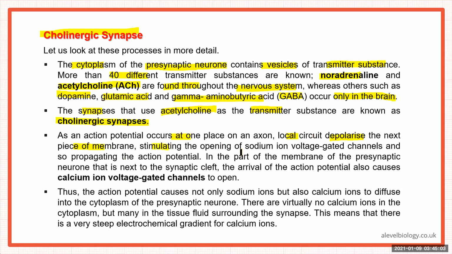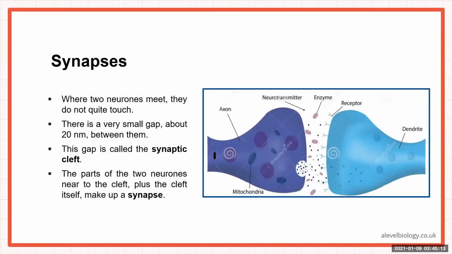It stimulates the opening of voltage-gated sodium ion channels, causing the influx of sodium ions, and this propagates the action potential. This is what is happening at this part here, because an action potential was being generated. As the action potential is generated, voltage-gated sodium ion channels open, sodium gets in, and this part of the membrane becomes depolarized.